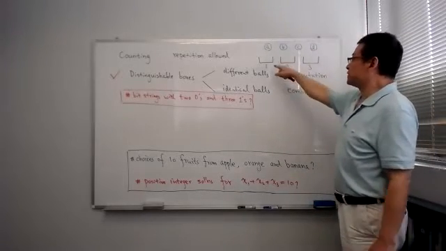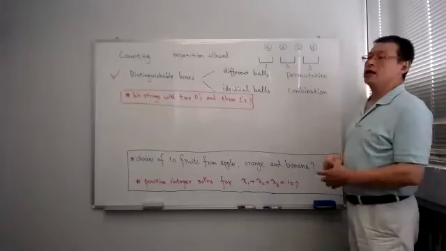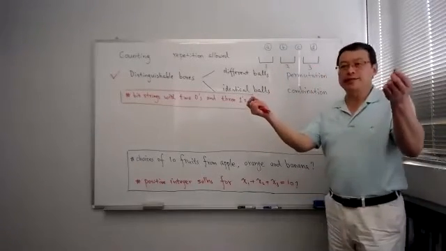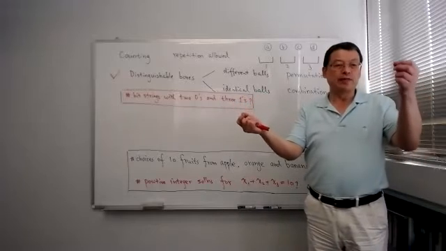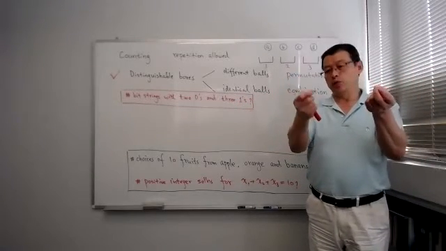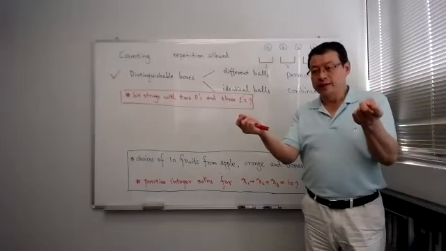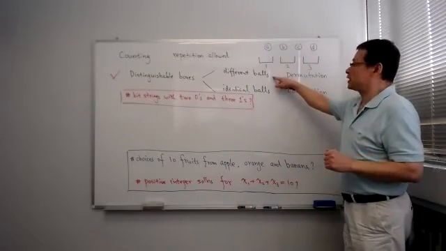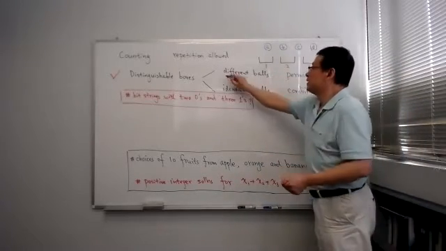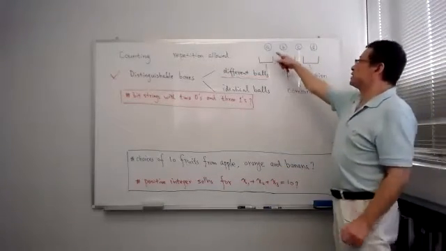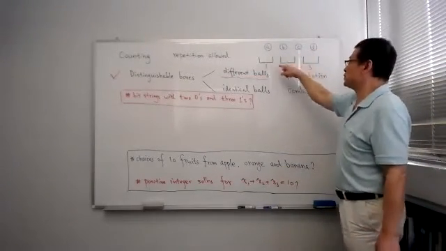I give you 3 boxes labeled 1, 2, 3, and I have 4 balls A, B, C, D. We can regard these 4 balls as different colors, maybe red, black, blue, yellow, so I can tell one ball from another. In this case, all are different. So how many different ways can we put these 4 balls into these 3 boxes?